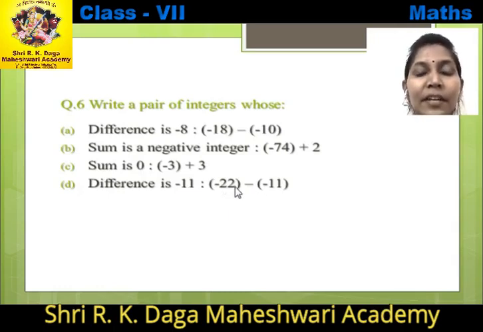Here we have taken minus 22 and 11. So minus 22 plus 11 is minus 11. In the same way, we can take minus 33 and 22. Minus 33 plus 22 is also equal to minus 11.